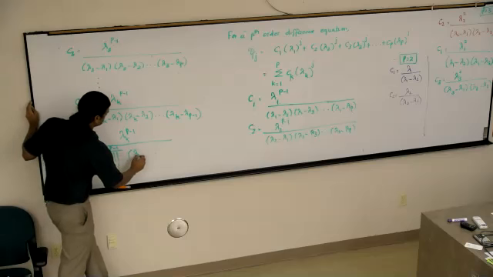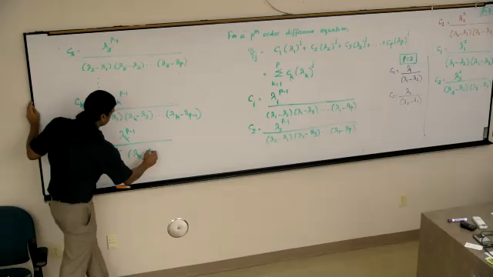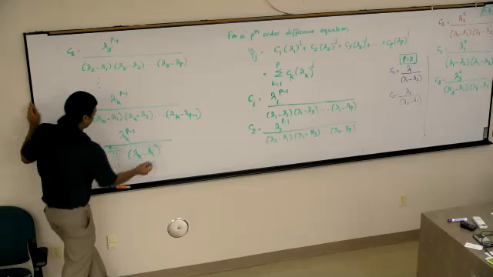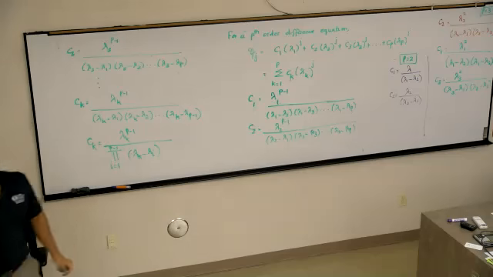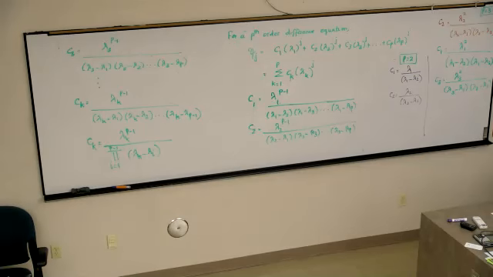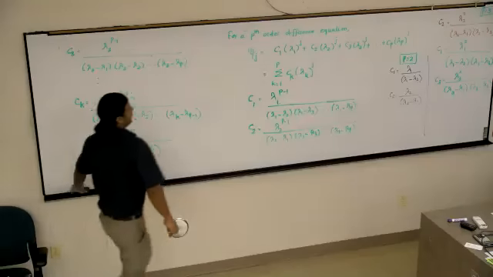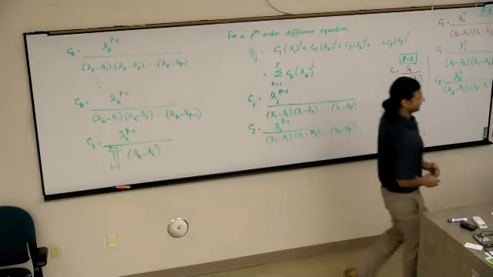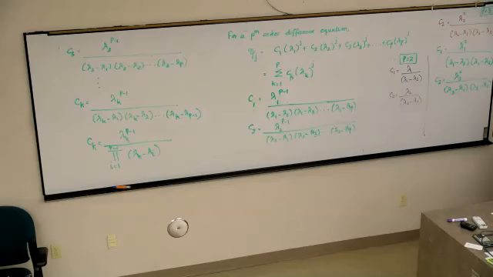I can write it as lambda K minus lambda r. And we got the coefficients that we need. Pretty nifty, right?